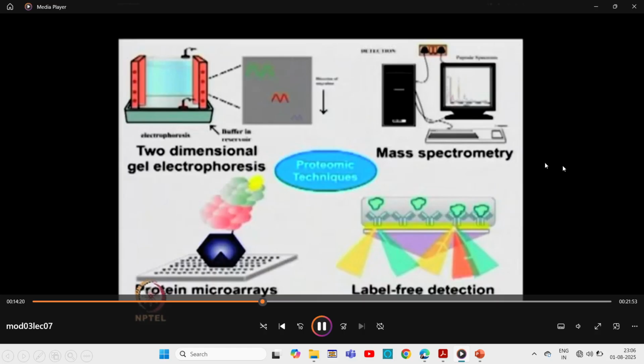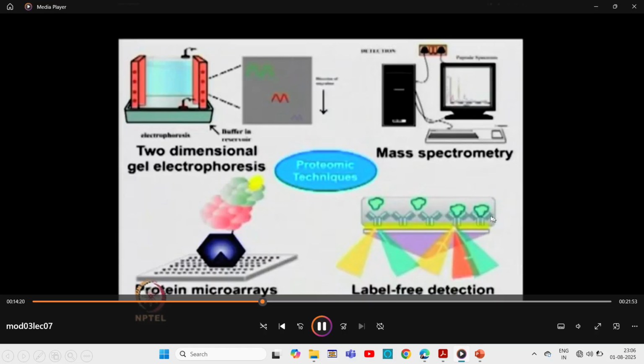So, we can either do a gel-free method like mass spectrometry, or a gel-based method like two-dimensional electrophoresis. To just have the purified protein, you can do protein microarray, or even with the lysate, just expressing the protein using that lysate and trying to understand if your protein of interest is present in the sample or not.